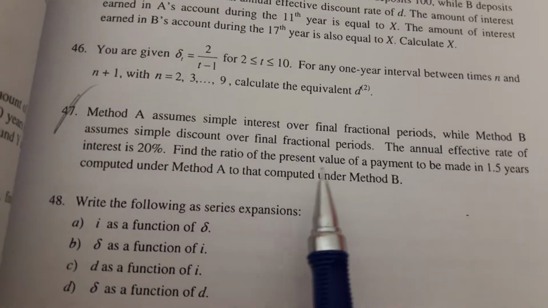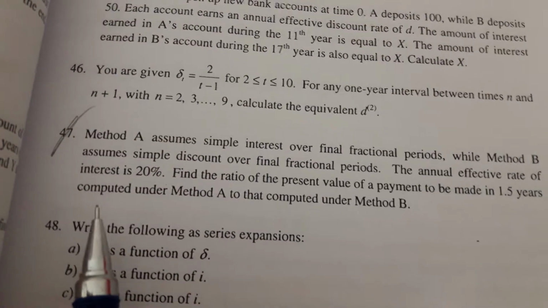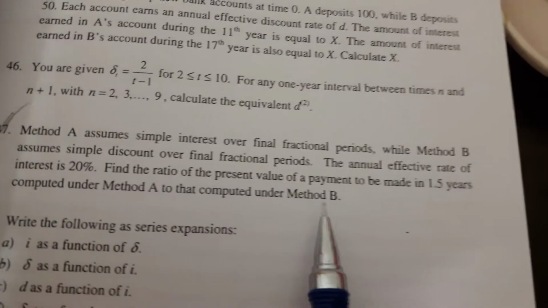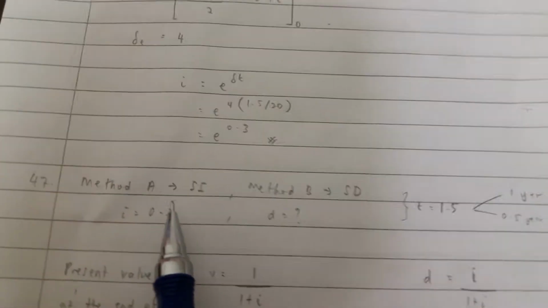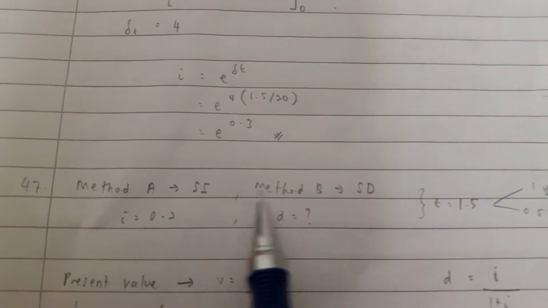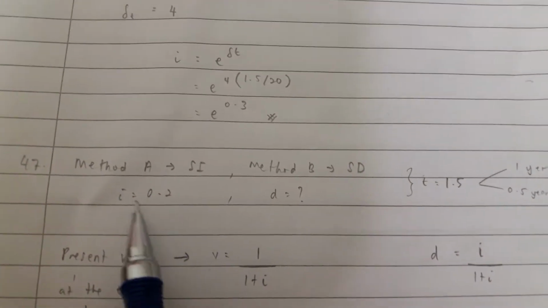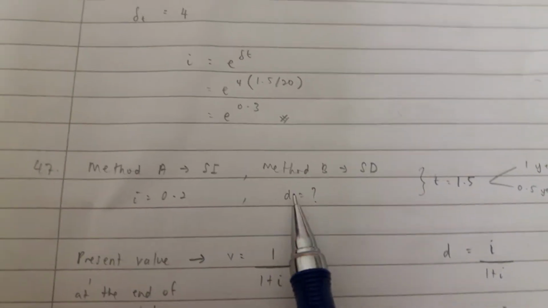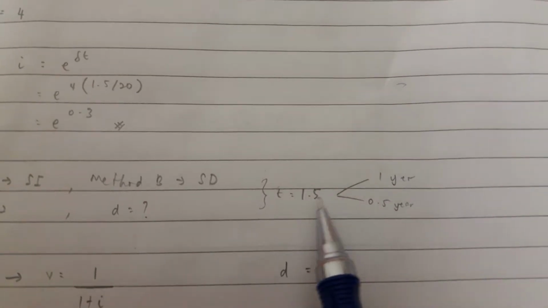Find the ratio of the present value of a payment to be made in 1.5 years computed under method A to that computed under method B. So for method A, we use the formula simple interest, and for method B, we use the simple discount. And it stated that for method A, interest is equal to 0.2, and we don't know the discount. And it stated that T is equal to 1.5.